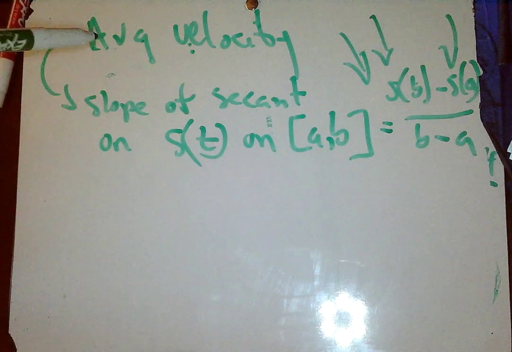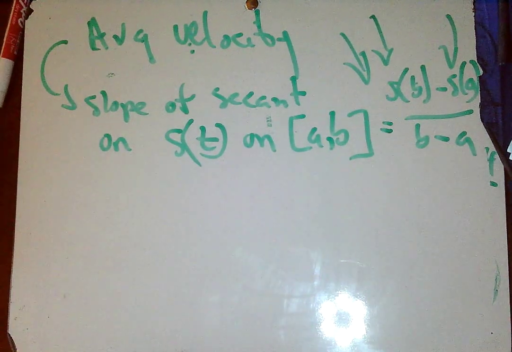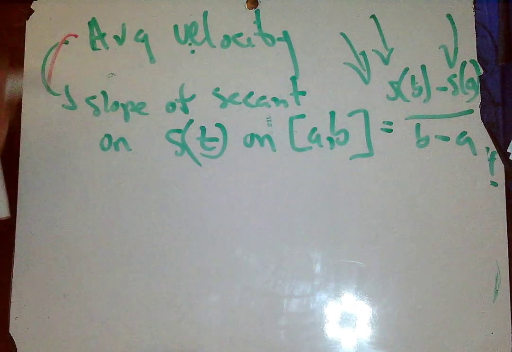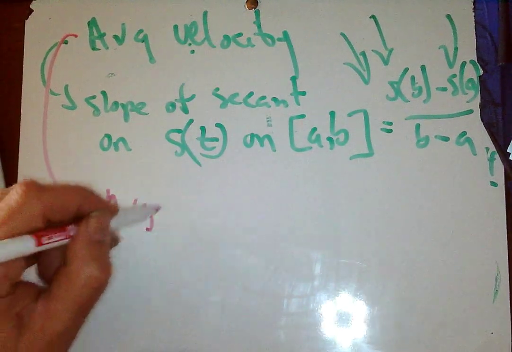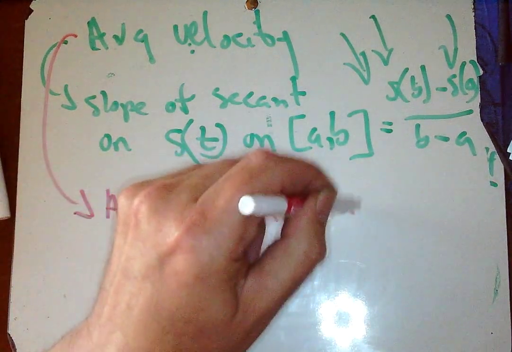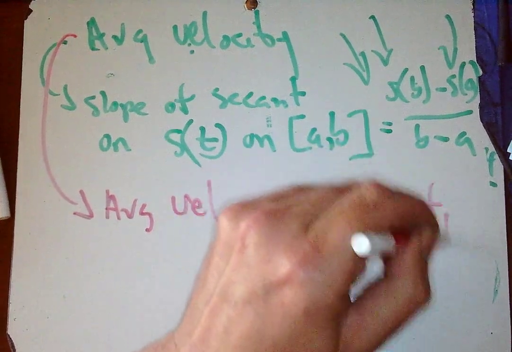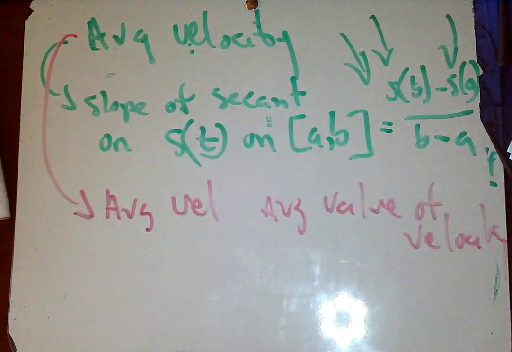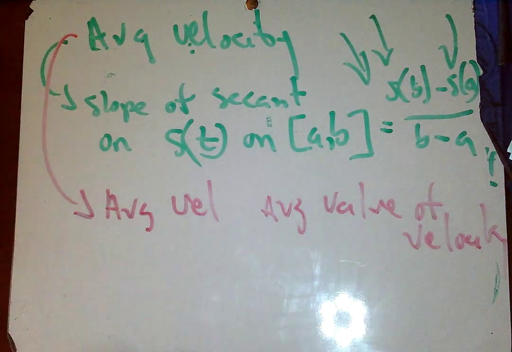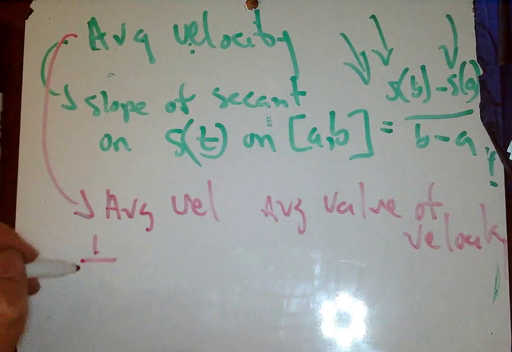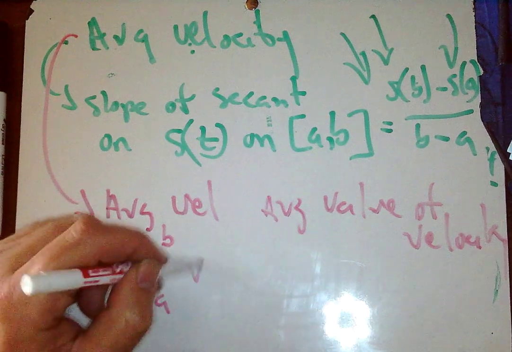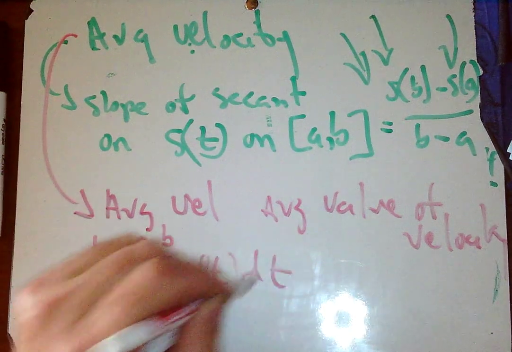or the average rate of change in position with respect to time, which is also average velocity. But this semester, when we know about integrals, well, now I can say average velocity is the average value of velocity. And so I have an average value formula. I can say the average value is 1 over b minus a integral from a to b of v of t dt.